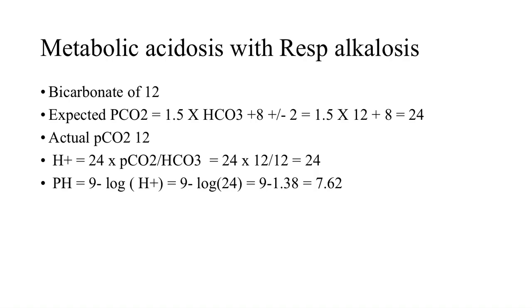You plug in the value of PCO2 of 12, and you get an H plus concentration of 24 nanomoles per liter. You can even be alkalotic despite having a metabolic acidosis, because the respiratory alkalosis normalizes the pH or even pushes it into alkalotic territory. This is a mixed acid-base scenario. Your Winter's formula is key.